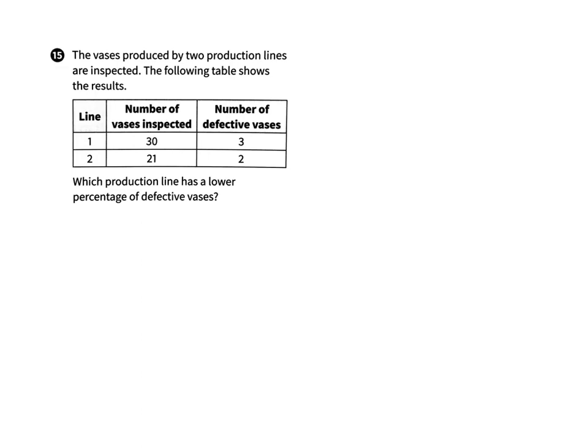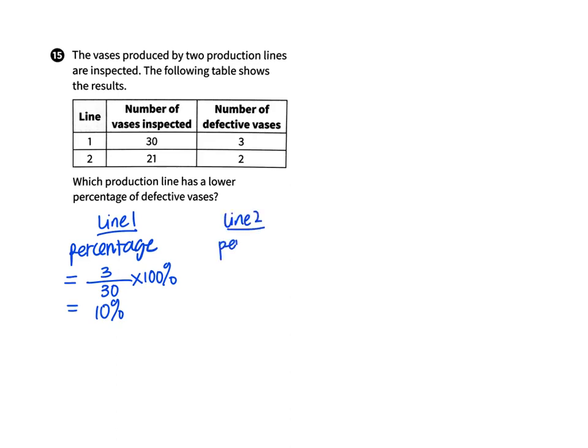So now we're going to do our comparison. First we'll start with line 1, then the percentage. The number of defective vases is 3 out of a total of 30 vases inspected, times 100%, and that gives me 10%. Now for production line 2, the percentage is given by 2 defective vases out of 21 times 100%.